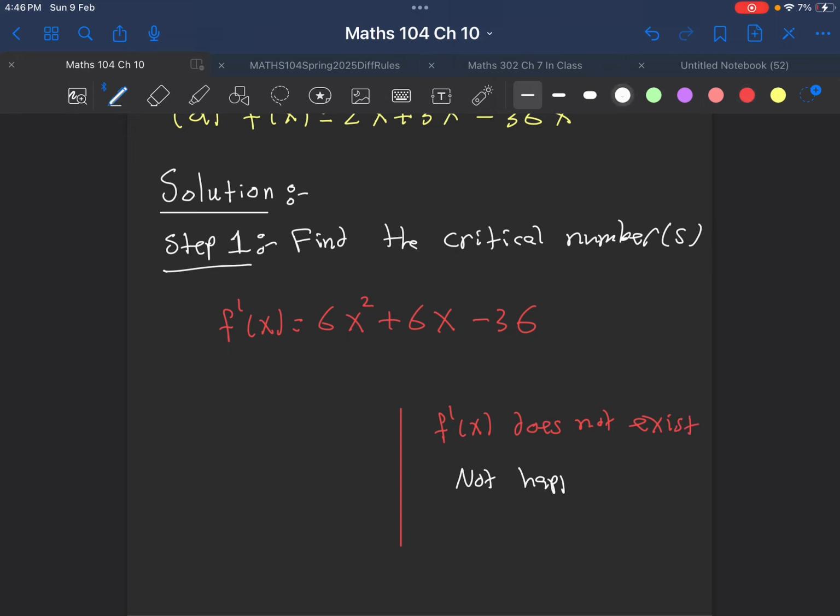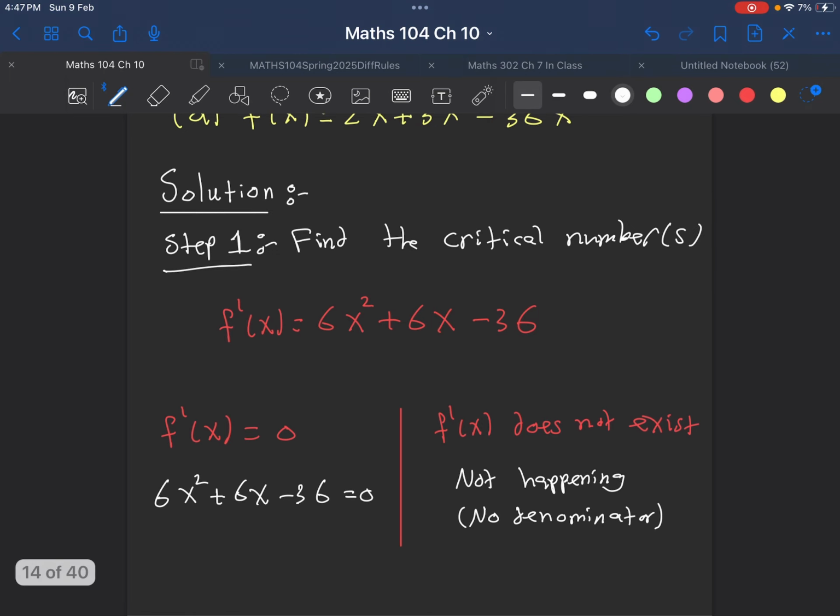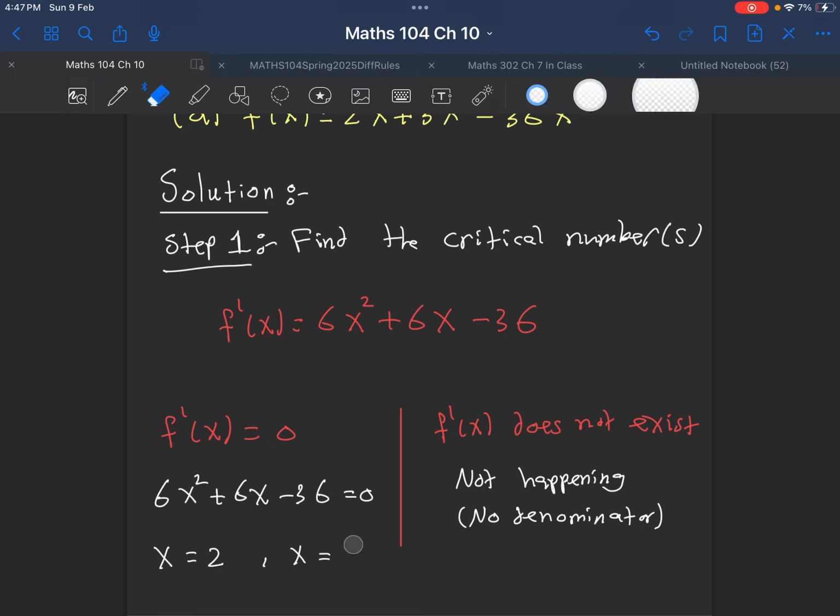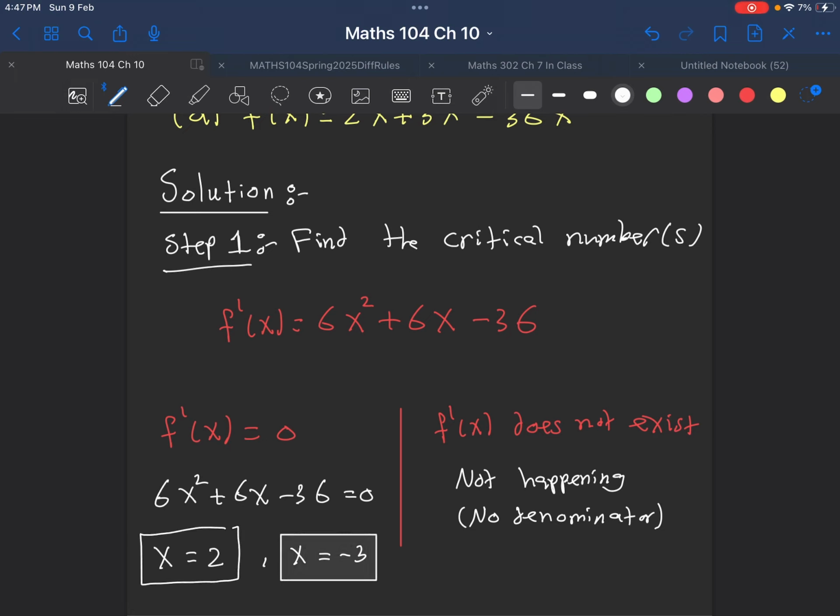So the only case that is of interest to us is where the derivative is equal to 0. So you will get 6x squared plus 6x minus 36 equal to 0. And that will give you only two answers, x equal to 2 and x equal to negative 3. So two different answers and two critical numbers.